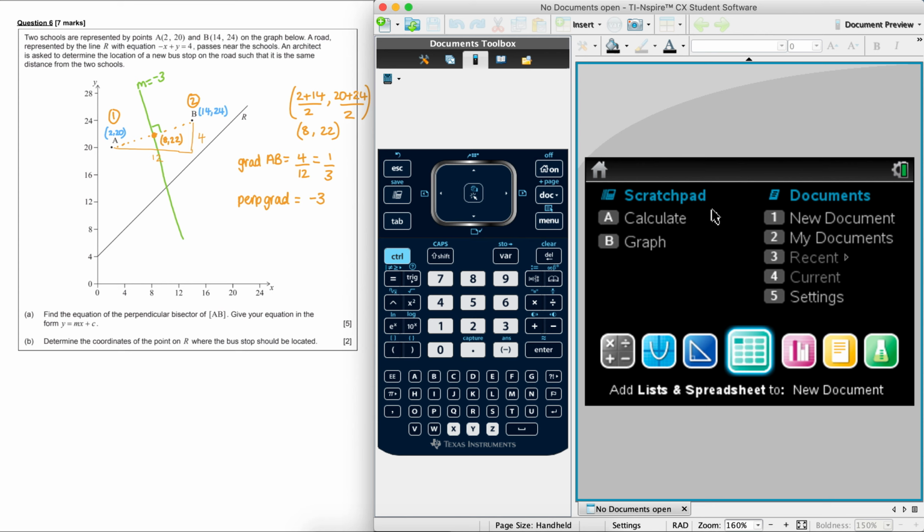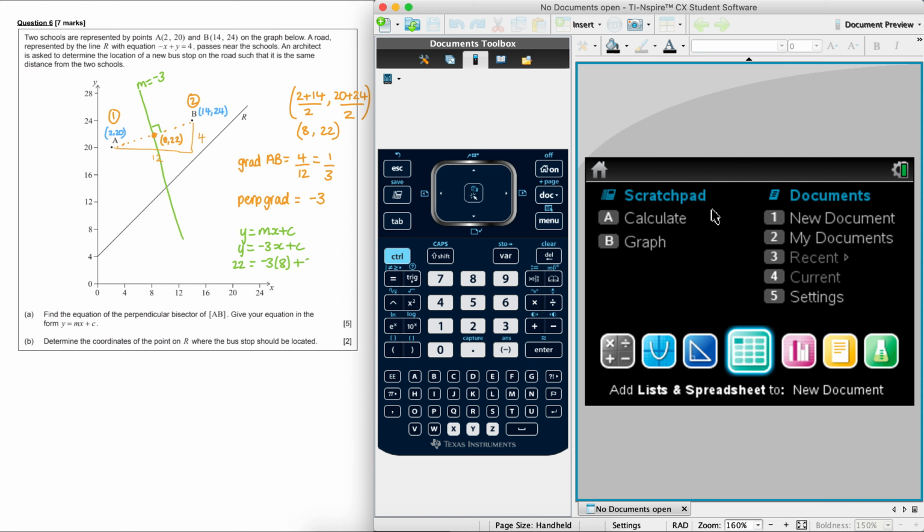So now I know that the gradient is -3 of the new line, and it goes through this point (8, 22). So the equation is y equals mx plus c. We know that the gradient is -3, and I need to try and find what c is equal to. But I can substitute into here the x and the y coordinates that I know it goes through. So y is 22 and x is 8.